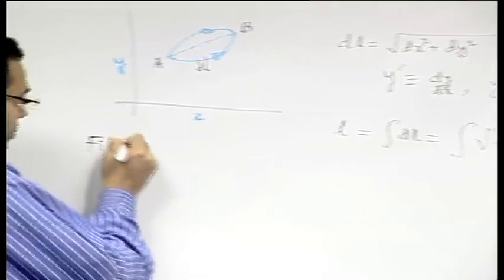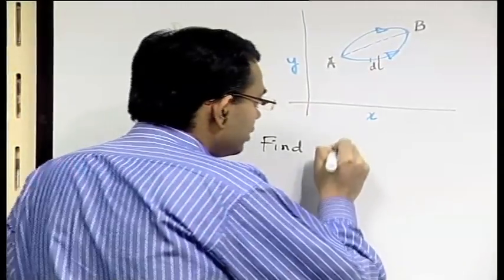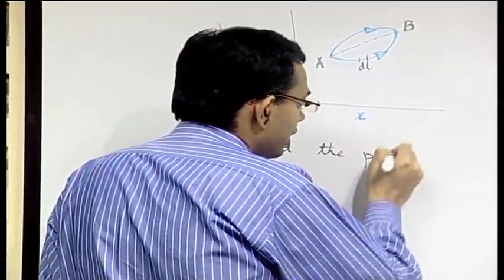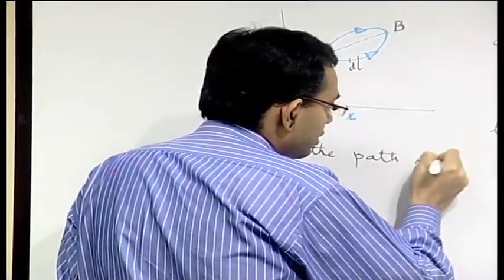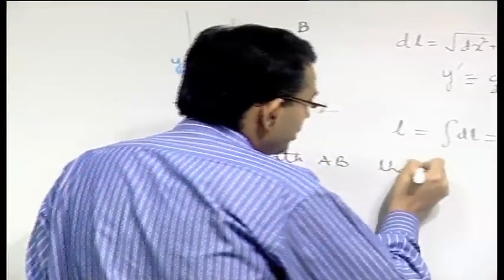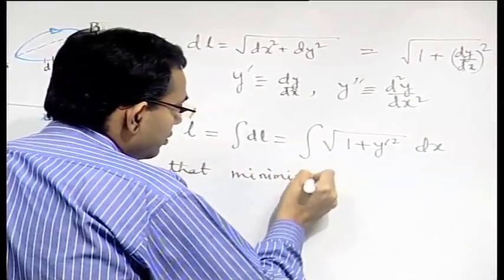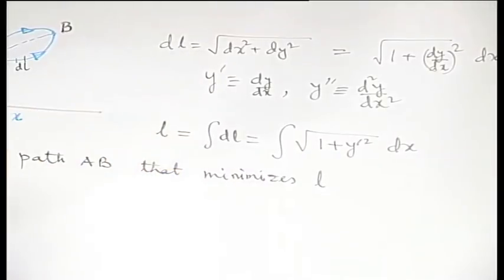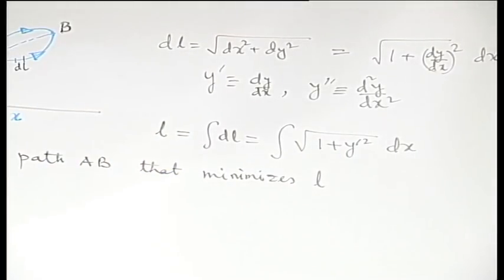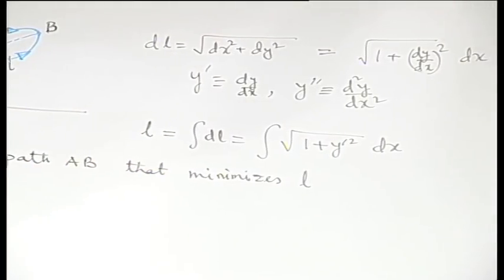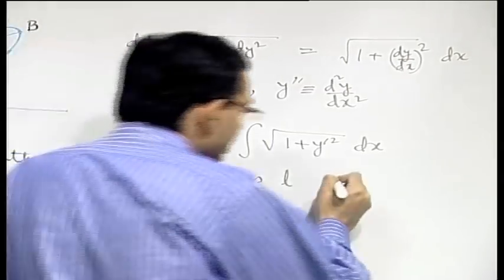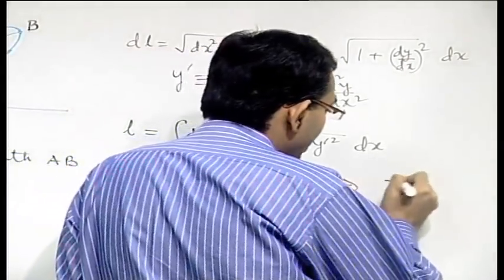The problem statement therefore becomes: find the path AB that minimizes L. That is the formal problem statement, or equivalently, it minimizes this integral.